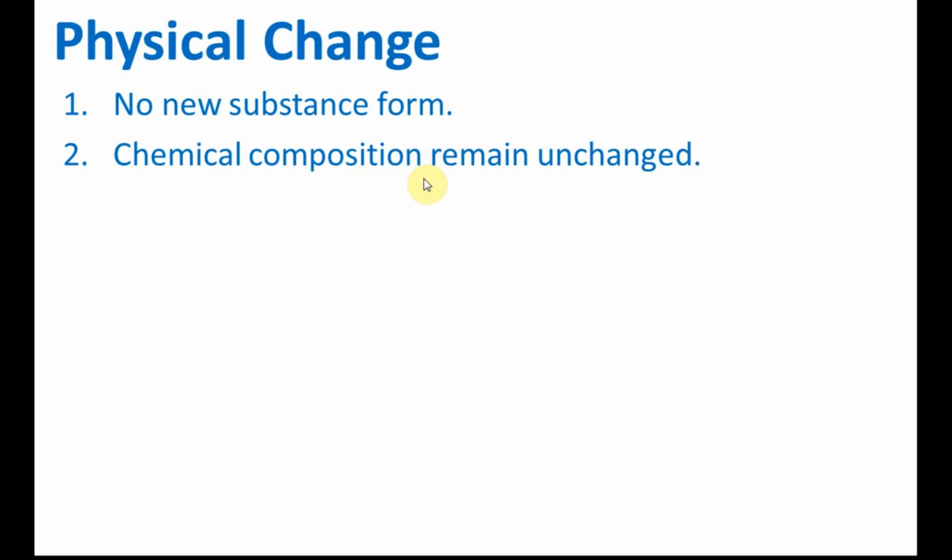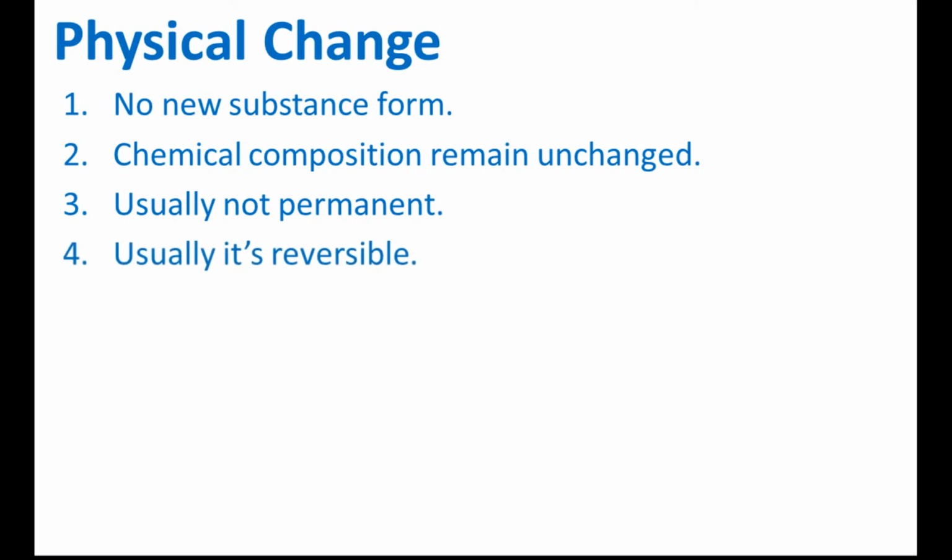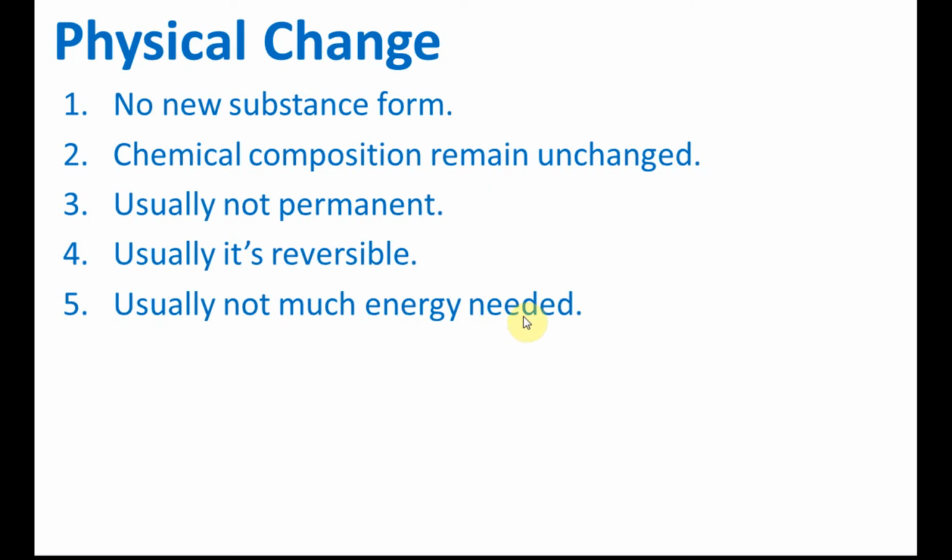The chemical composition remains unchanged. Usually it's not permanent, because a physical change can occur easily, and usually it's reversible. Water becomes ice, ice becomes water, is reversible. And usually not much energy is involved in this change.